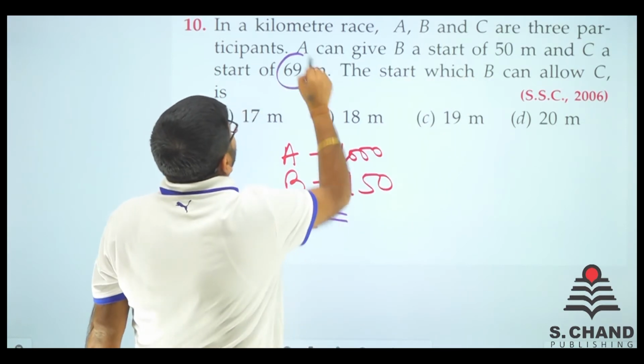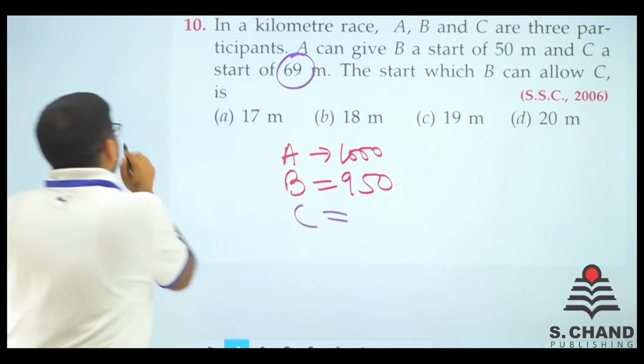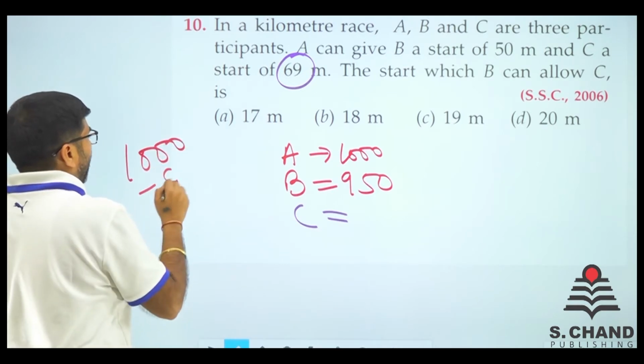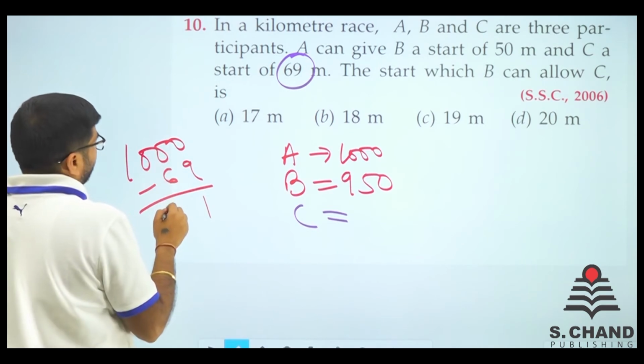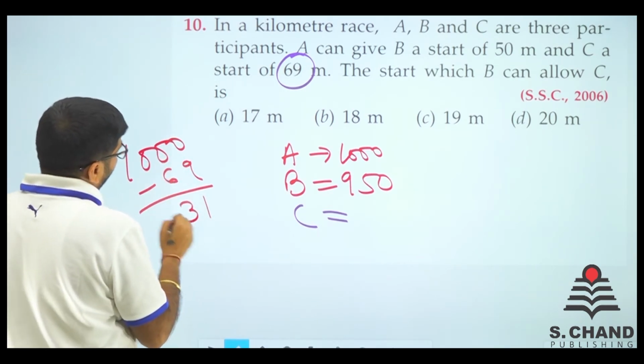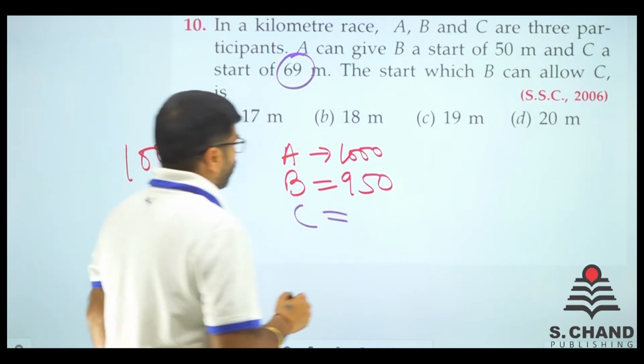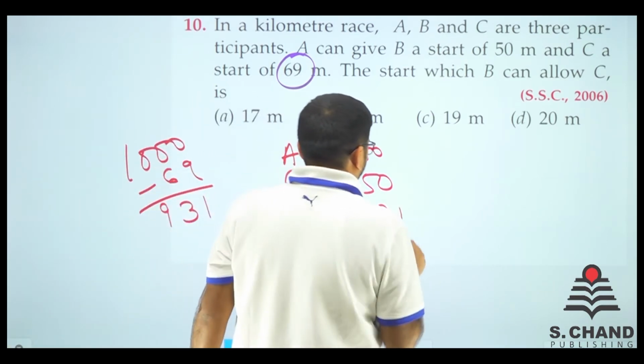C is 69 meter. So 1000 minus 69 is 931. So C goes 931.